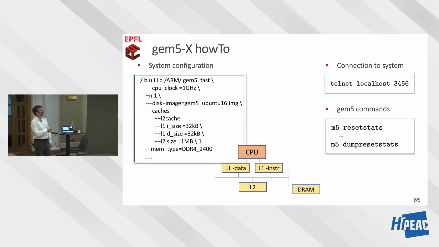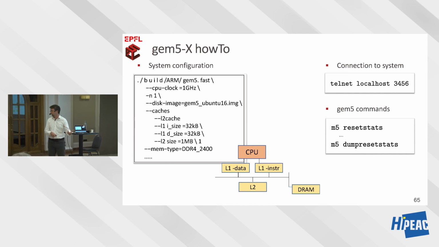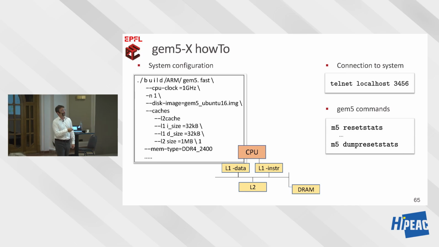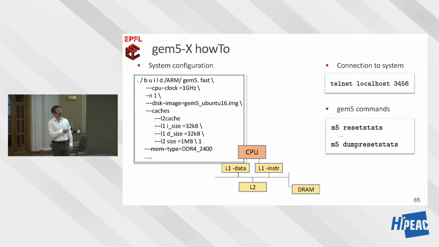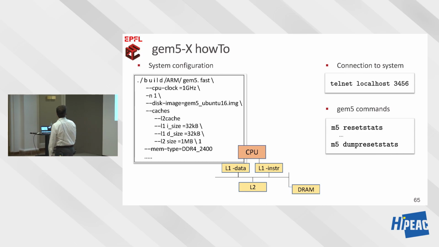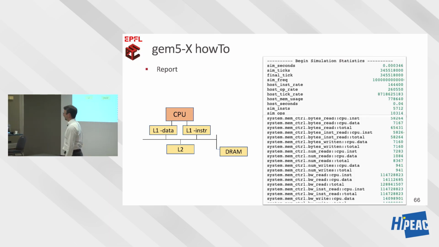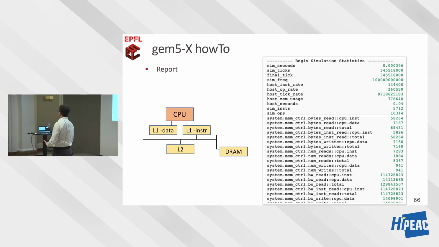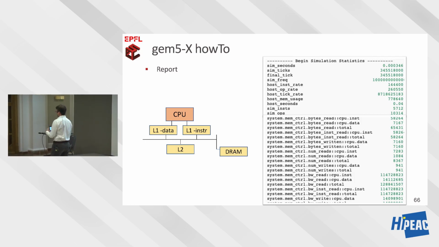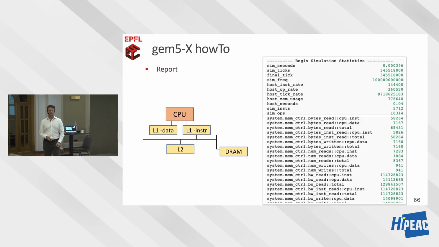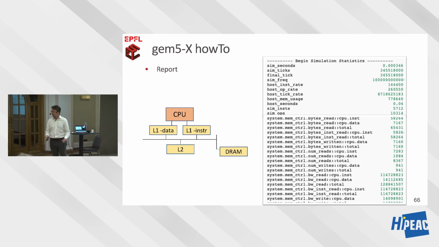You can just define a configuration, like caches, number of processors, speed, etc., connect to the system, and then just say, okay, here I want to start my profiling, and there I want to see the profiling information. And for every component which you specify for your system, you have the characteristics such as accesses, number of clock cycles in which the component is active, if it's a cache, its misses, and so on and so forth.